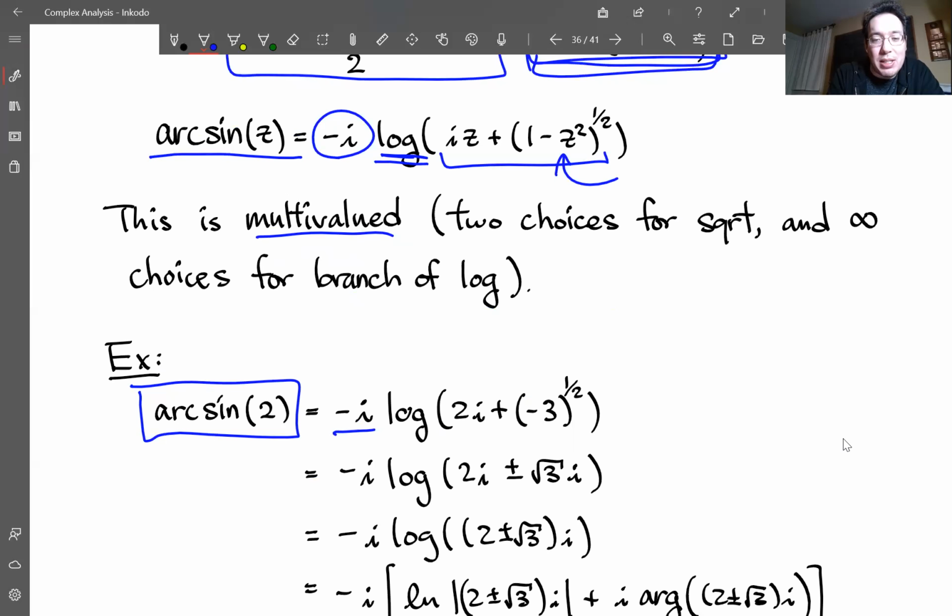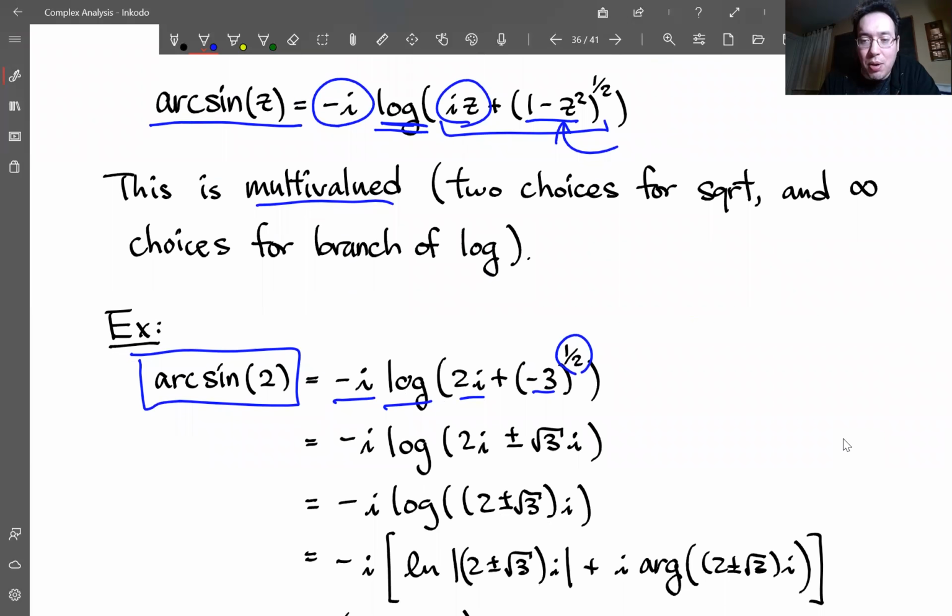So -i times log of, we have iz here, so 2i plus the square root of 1 minus 2 squared. 1 minus 2 squared is going to be -3, and we're going to take the square root of that.